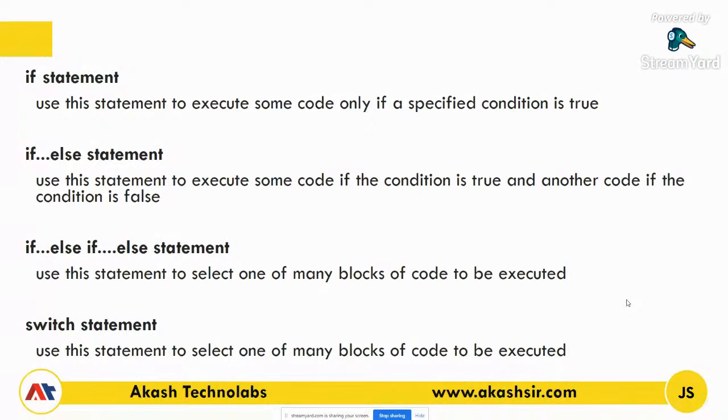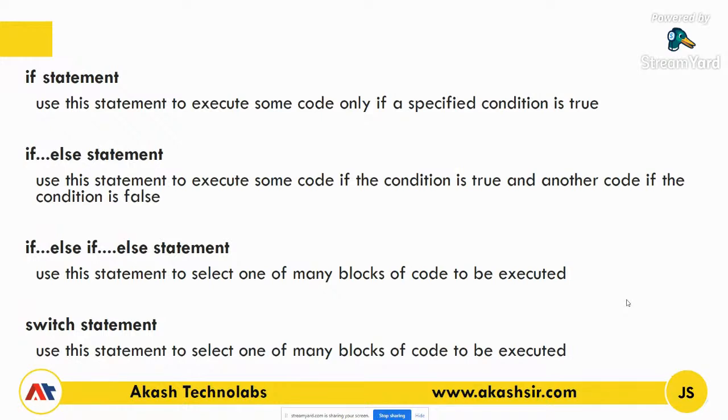So we have the if condition, if else, else if, and switch statement. If means it will check whether the condition is true or not. If the condition is true, then it will print something on your screen. If else, you know very well, either we have this option or maybe this one. So if condition will check whether you have proper data, then it will print a particular statement. If you don't have data, then it will print the else portion, right?